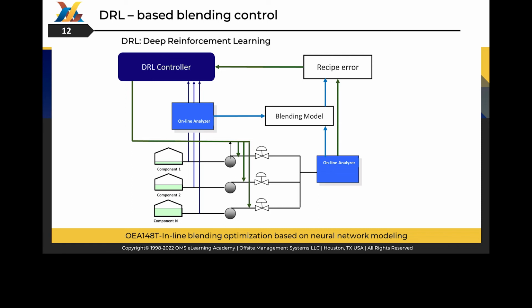The DRL control policy adapts itself based on the gap between the blended stream's desired and measured properties. The DRL policy can be pre-trained using the digital twin of the blender. During the initial offline training, the output blend readings from the online analyzer are substituted by the digital twin predictions of the blend properties.